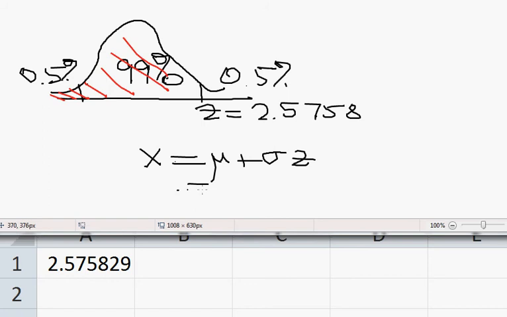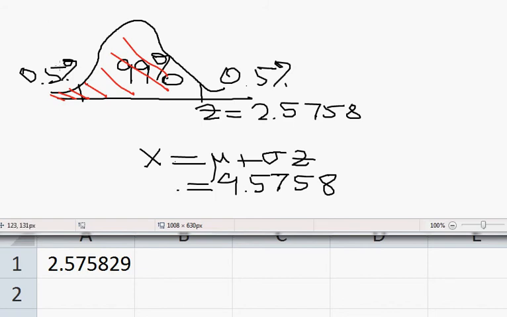So in this case, the mu was equal to 7 inches. So 7 plus 1 times this gives 9.5758. So that's the x value, the number of inches. So that's the value that you see on this side.